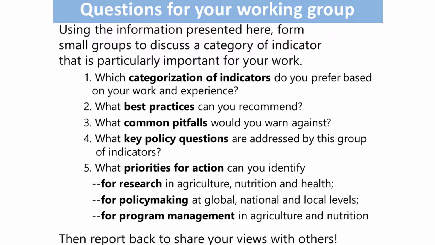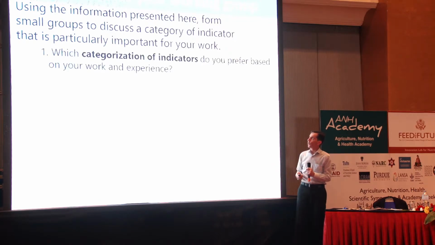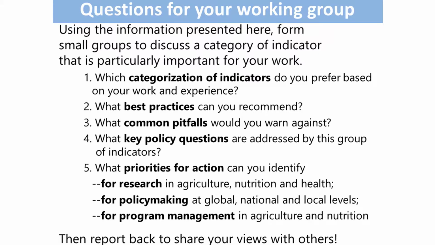So what we have now is 8 categories of indicators as combined together in the user's guide. And the challenge is to use your expertise and your interest, the kinds of work that you do using this kind of indicator, to ask the following questions. Have we categorized them usefully?